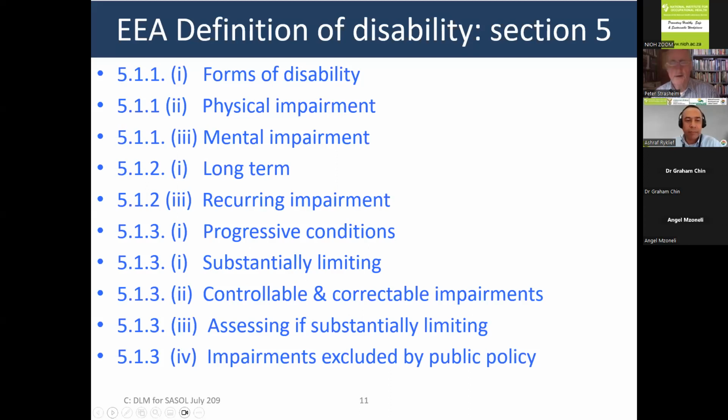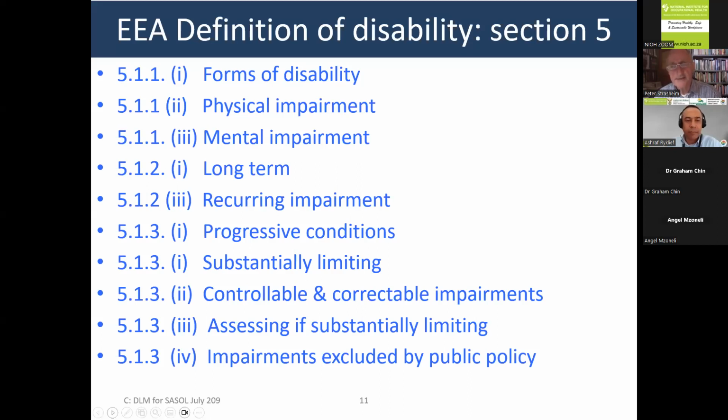Now, that's a detailed inquiry which is usually done by medical practitioners following this sequence of steps that I've put on this slide here. You understand that the medical practitioner, and the occupational medical practitioner ideally, supports the employer to identify what form of disability it is. Is it physical? Is it mental? But crucially, is it long-term or recurring, or is it progressive?